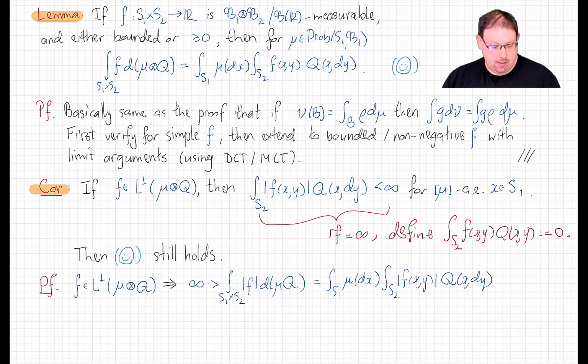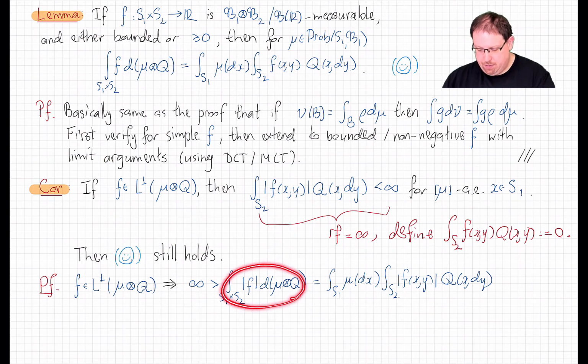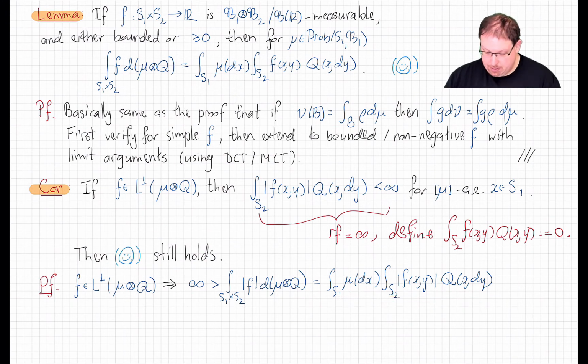And to see that, we just note that if f is in L1 of the product measure, then that means that the integral of the absolute value of f against this product measure is finite. But this is a positive function, and so by the previous lemma, we can evaluate that using the happy face formula as such.